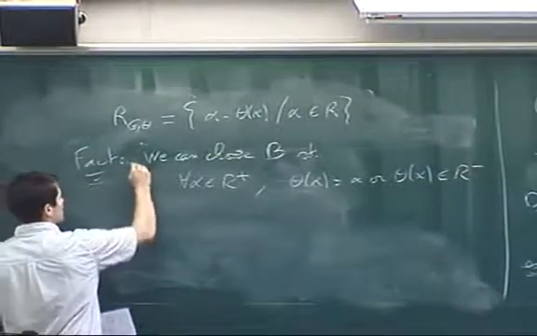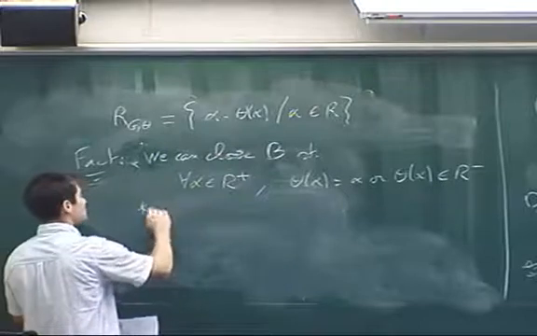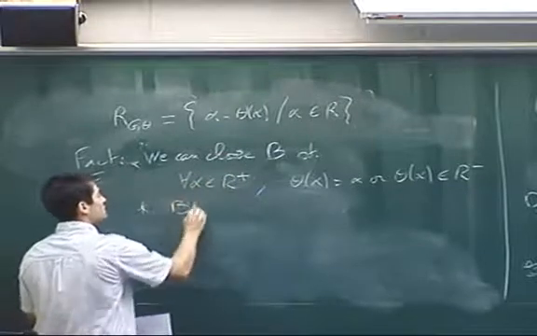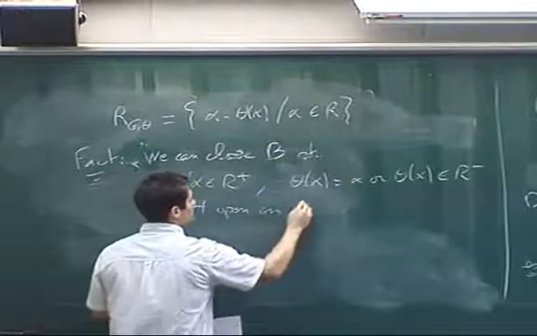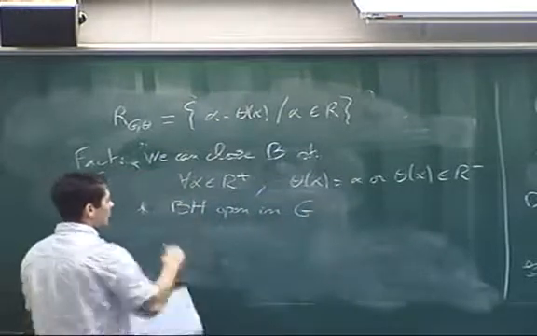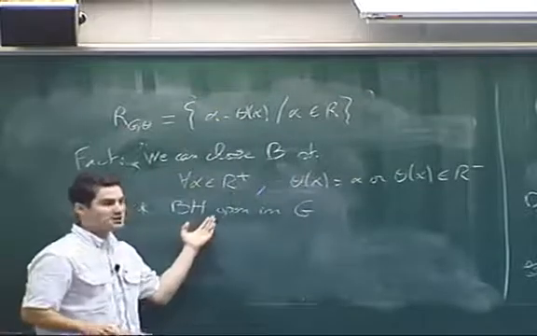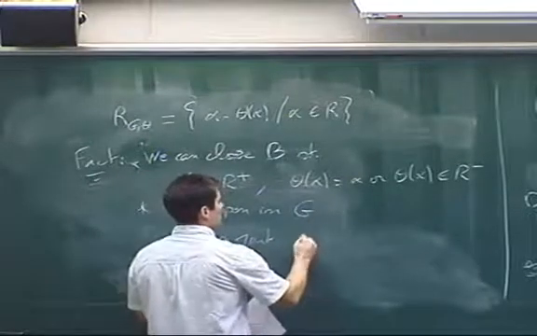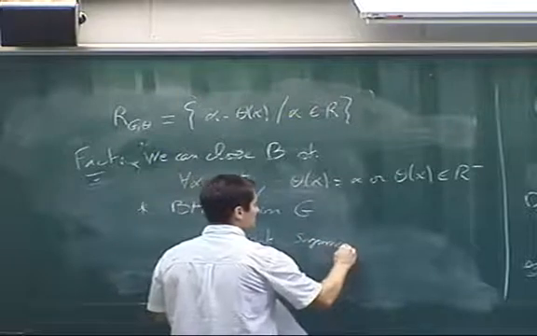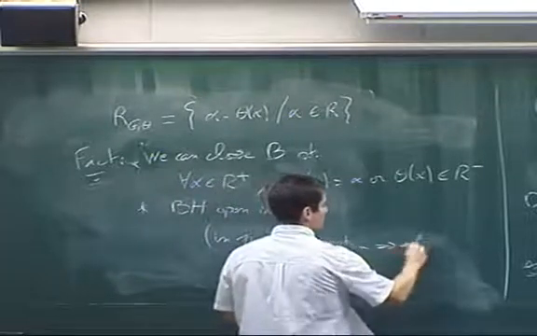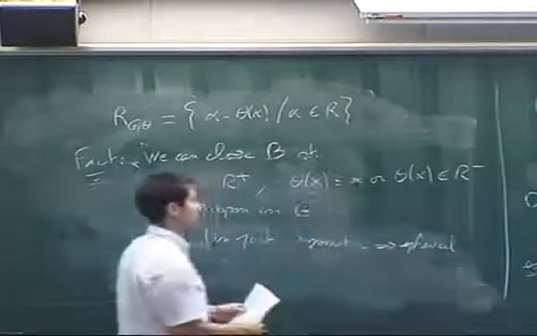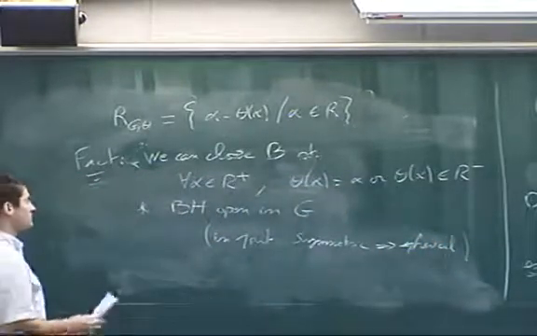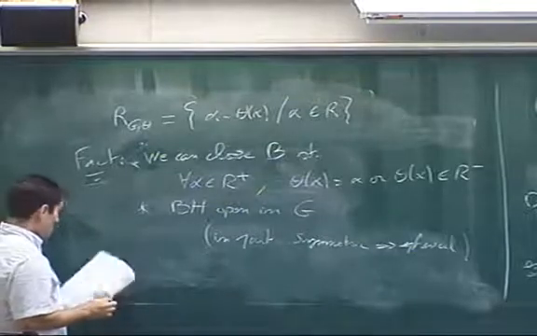The second fact is that for such a B, we have BH is open in G. In other words, B has an open orbit in G mod H. So in particular, it proves that symmetric implies spherical, which a priori is not given by the definition of symmetric.